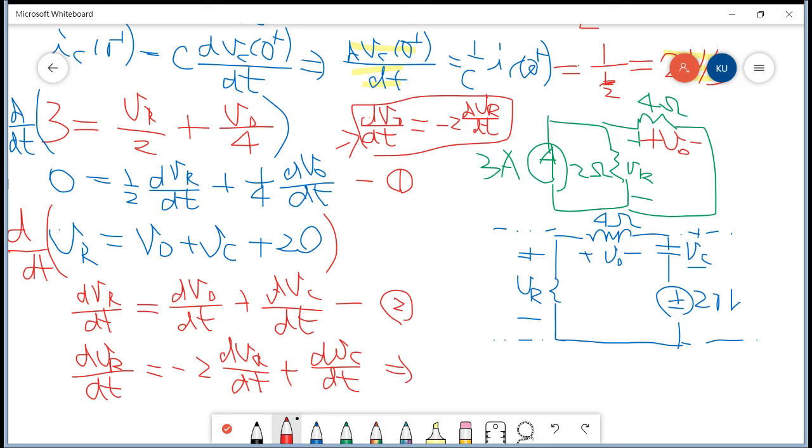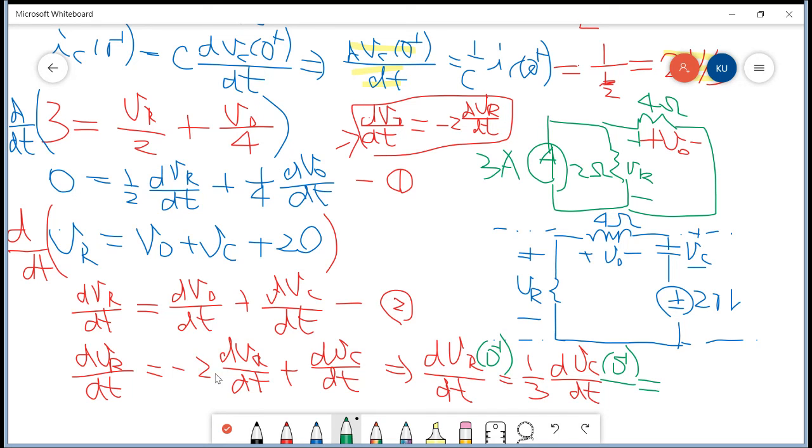So we can have dVR/dt, which is 1/3 dVC/dt for t larger than 0, and of course this will be true for t equals 0 plus.